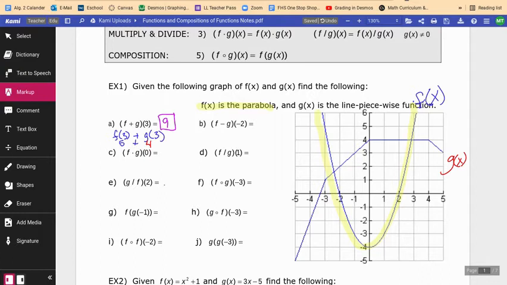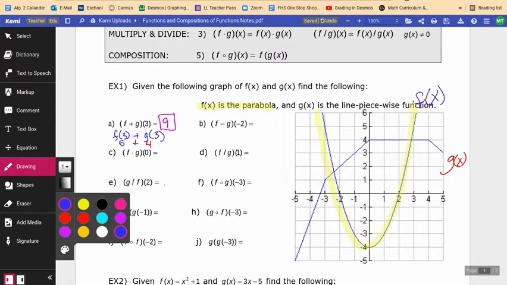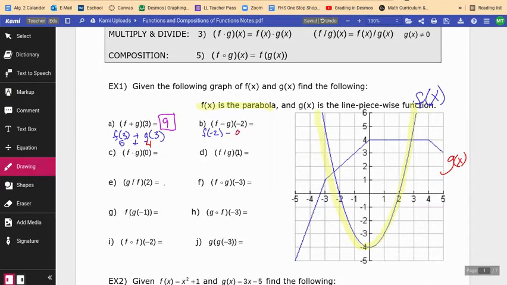So again, I need f of negative 2. Then it's going to be minus g of negative 2. So I need to find those values, right? So again, I look at f. So let's draw at negative 2. Here's a vertical line. There are 2 intersection points.